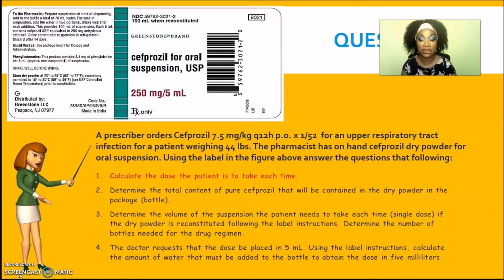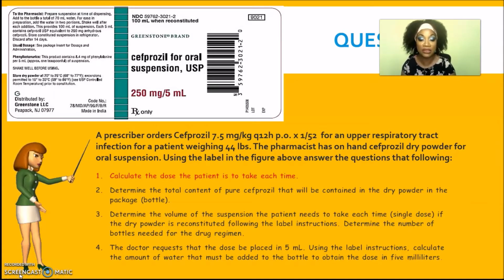And the questions are: 1. Calculate the dose for the patient that they will take each time, that is the single dose. 2. Determine the amount of drug, pure cefprozil, that's contained in the dry powder. 3.